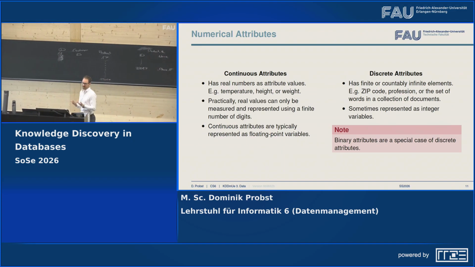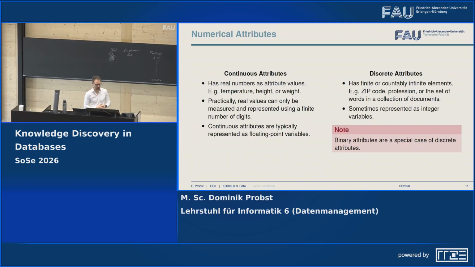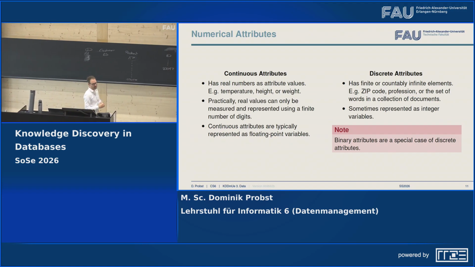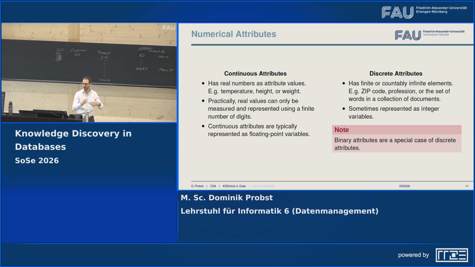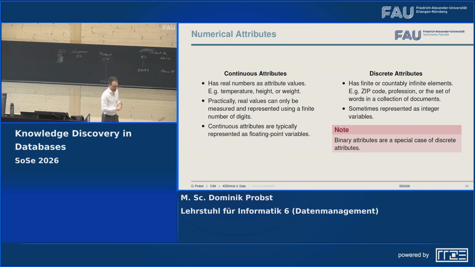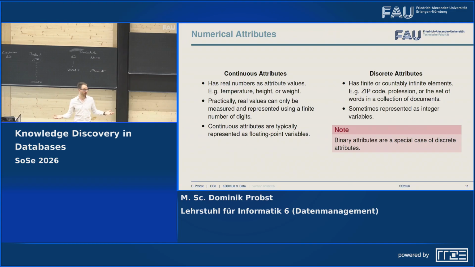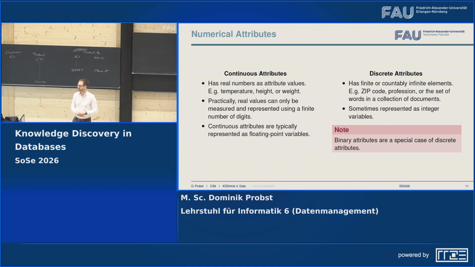Everything that has a fixed number of possibilities is discrete because we can't continuously split it up anymore. They are most often displayed as integer values. However, you can also have float values for discrete values if we have a certain specific number in here.